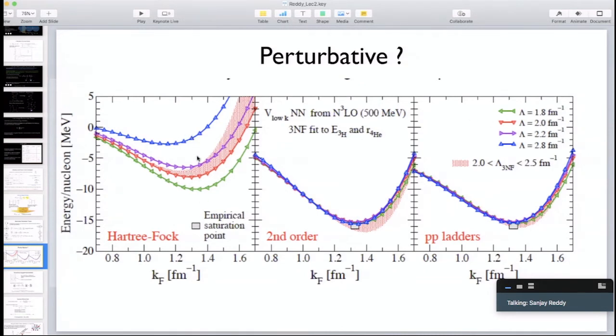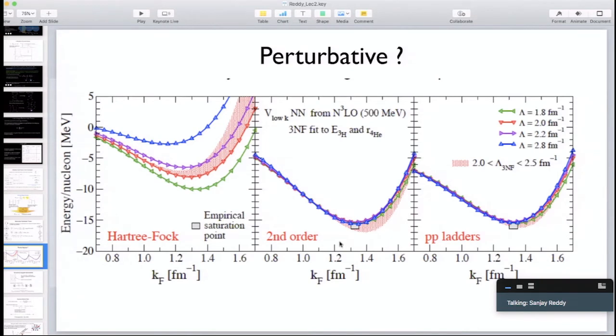However, clearly, when you do the first order calculation, you're sensitive to the short distance physics. So even a small change in the cutoff function leads to large changes in the answer that you get. So at Hartree-Fock, there seems to be no convergence even with respect to the cutoff.